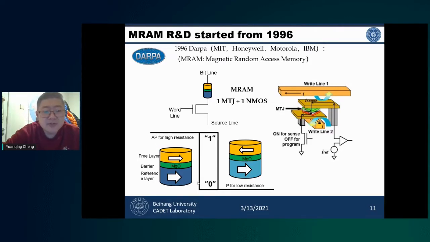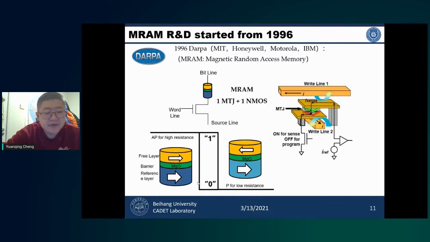This figure shows the typical cell structure of an STT-MRAM. It is called the 1 MTJ and 1 MOS transistor structure. By injecting the current through the MRAM cell, we can change the free layer magnetization.